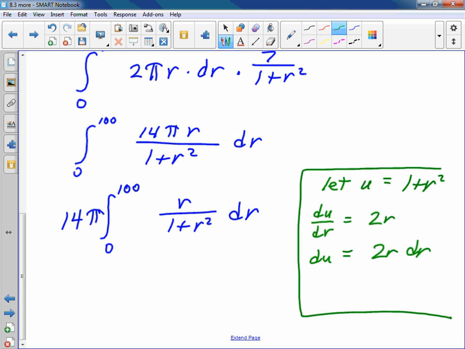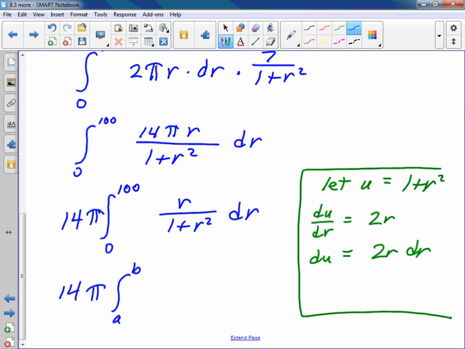Okay, so now we've got 14 pi, and for now I'm going to go from a to b because I have a suspicion we're going to want to change the limits of integration to make this easier. Okay, of what? No more r's.